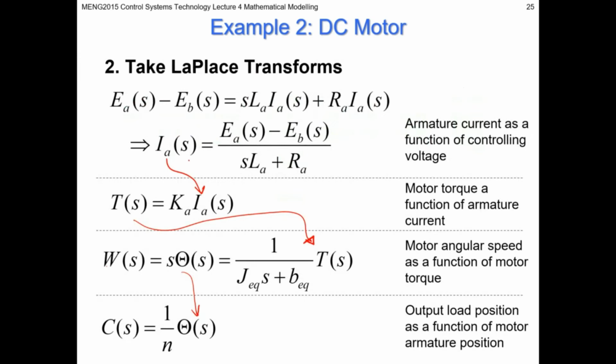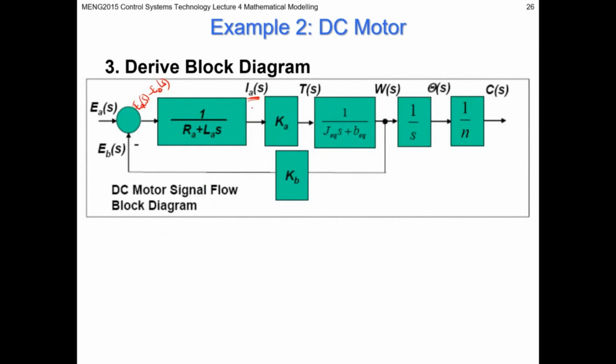That came from here. Our current in the circuit is the difference between the applied voltage, or I called it the net EMF in the circuit, divided by SLA plus RA, right? So that's exactly what we're representing on the block diagram in this first block.